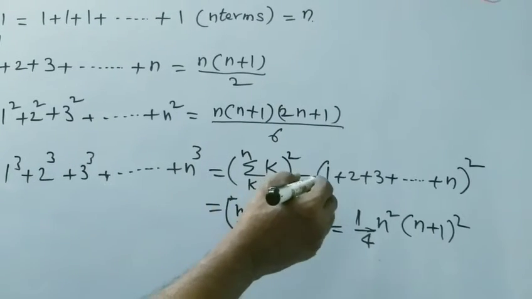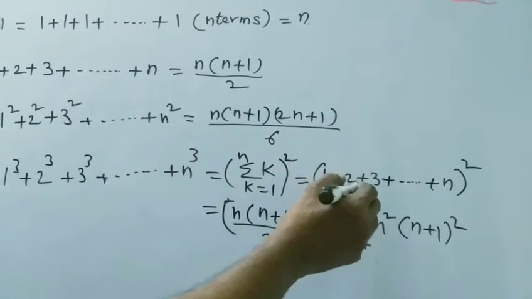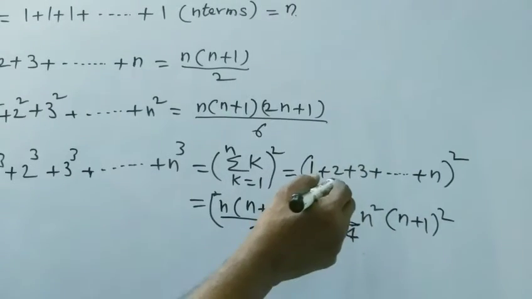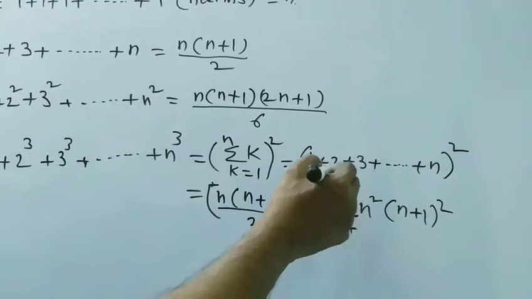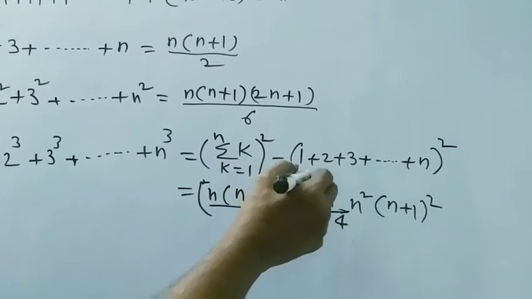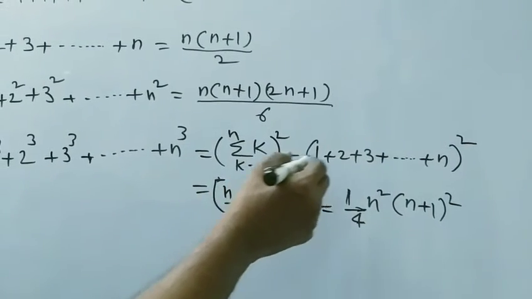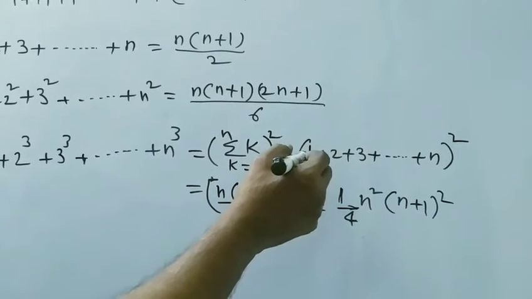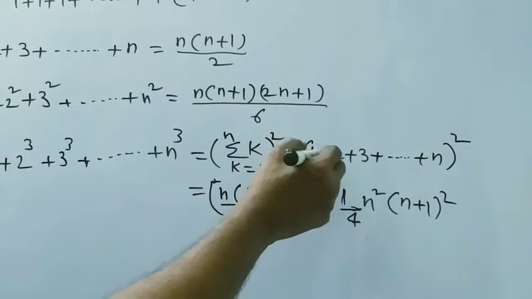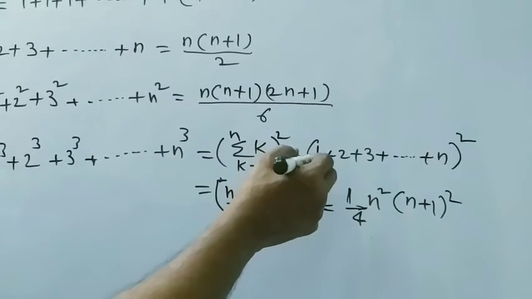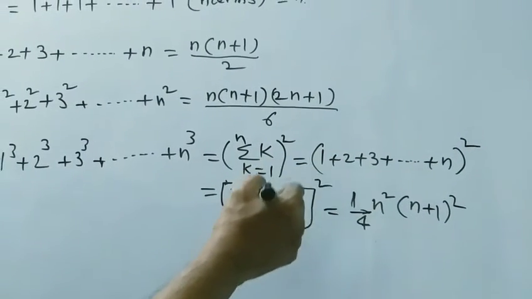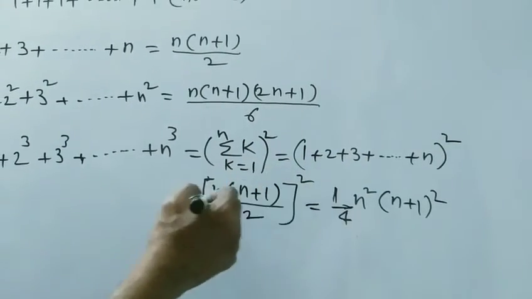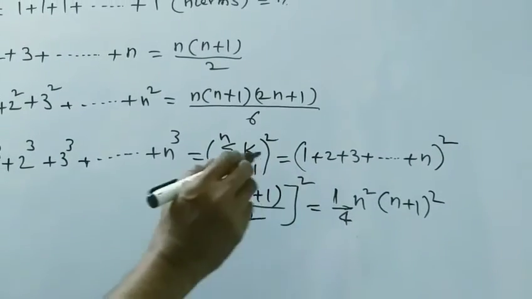This is also equal to 1 plus 2 plus 3 plus and so on plus n whole square, that is, the sum of the first n natural numbers, sigma n, whose value is n into n plus 1 by 2, whole square.